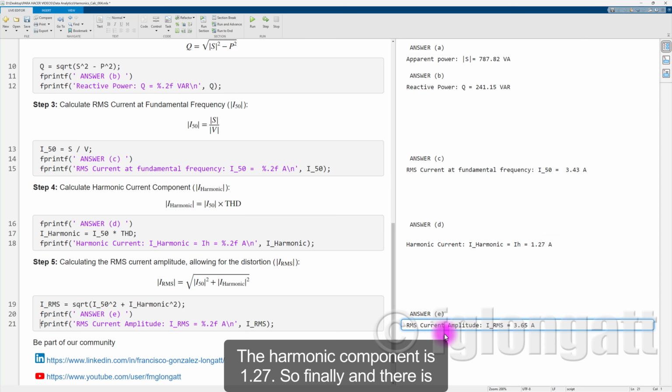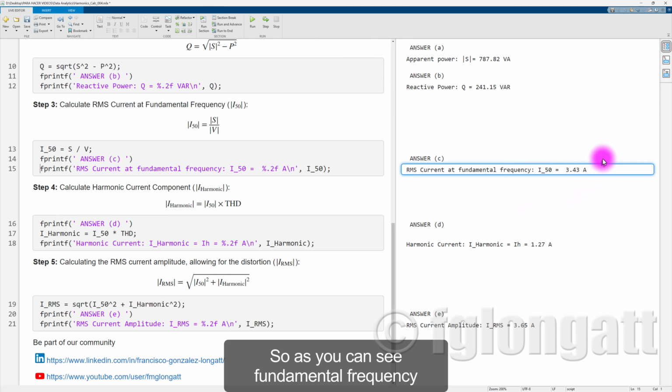So finally, and there is no surprise, the RMS value of the current, including the harmonic distortion, is 3.65 amps. As you can see, the fundamental frequency current is 3.43, but when we include the harmonic distortion, the RMS value increases to 3.65.